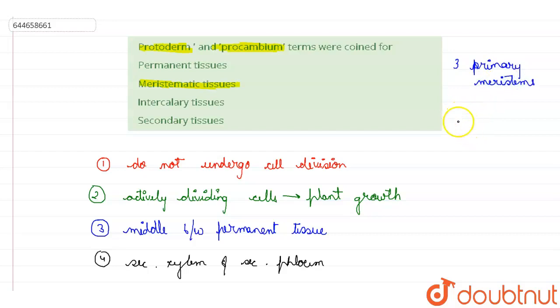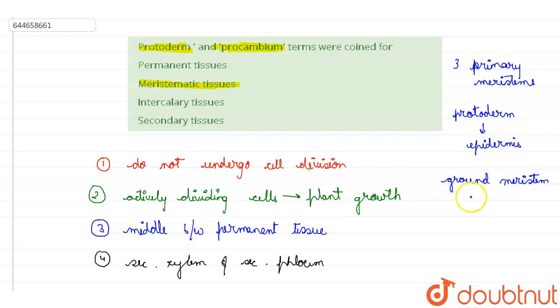What are these three kinds of primary meristem? The first one is the protoderm, which will become the epidermis. After that comes the ground meristem, which will form the ground tissues, comprising the parenchyma, collenchyma, and sclerenchyma.